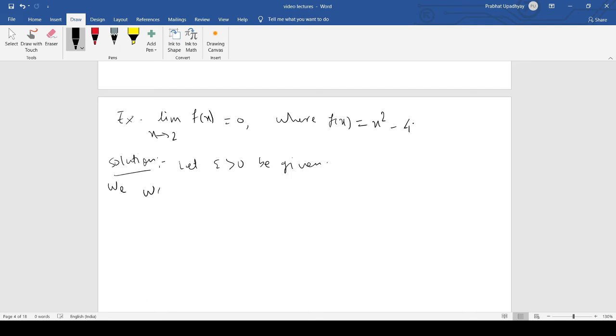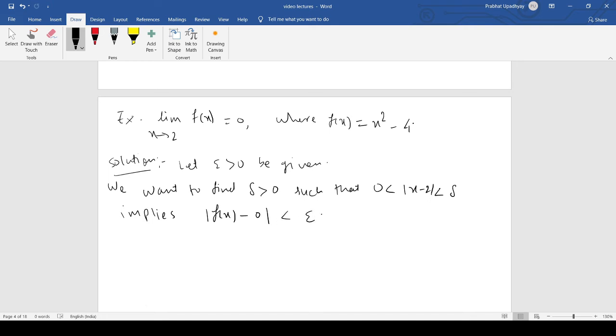Again our job is the same. We want to find delta greater than 0 such that 0 less than mod x minus 2 less than delta implies mod f of x minus 0 is less than epsilon.